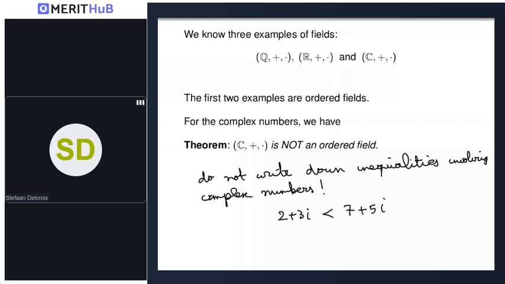Don't write that down. It does not make any sense. We won't have our standard rules of inequalities when we do that. So that is one of the very big differences, or the biggest difference between real numbers and complex numbers. The difference between rationals and reals, that's much harder. But real numbers and complex numbers, one is ordered, the other one is not.